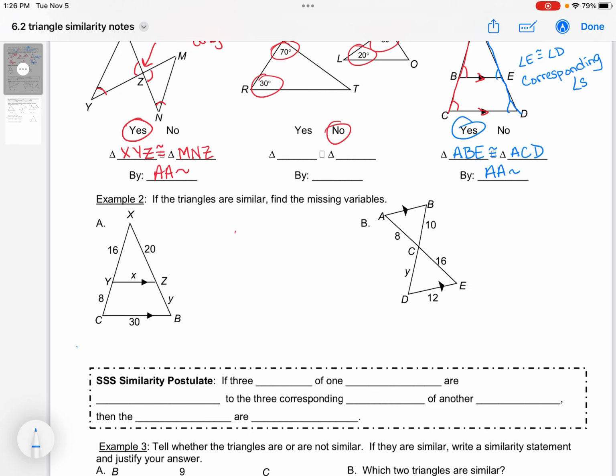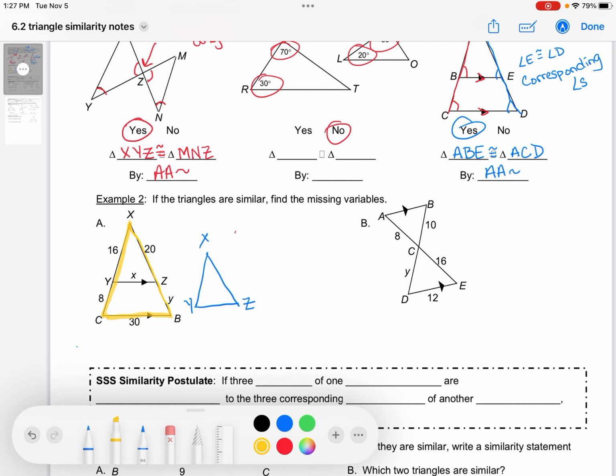There are some different ones I could write here, because I'm going to go ahead and pull out the little triangle so you can see what we're talking about. So this would be XYZ, and on this other one, we're talking about XCB.